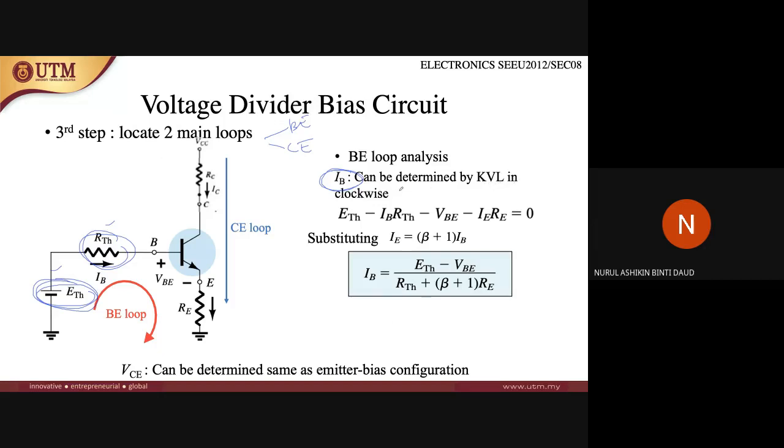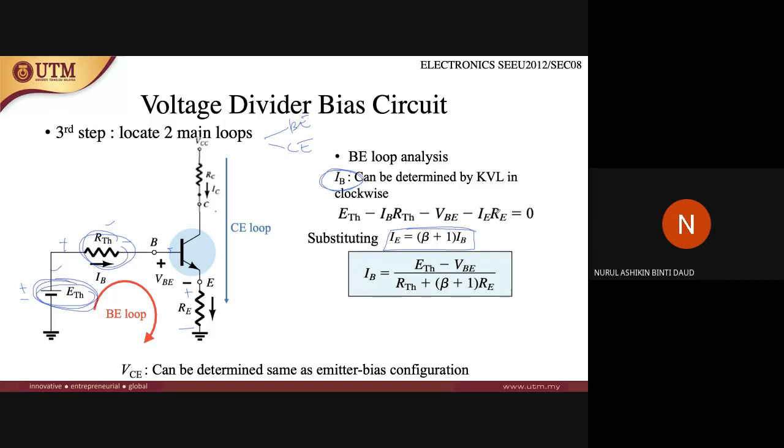So ETH is positive, this is negative, minus IB RTH, minus VBE, minus IE, the current at the emitter, times the emitter resistor, equals 0. IE is always beta plus 1 times the current that flows from the base.